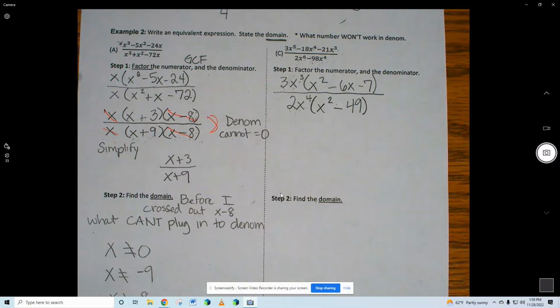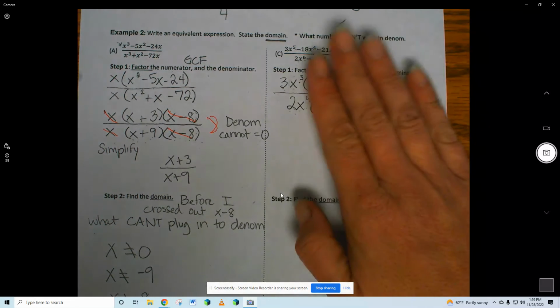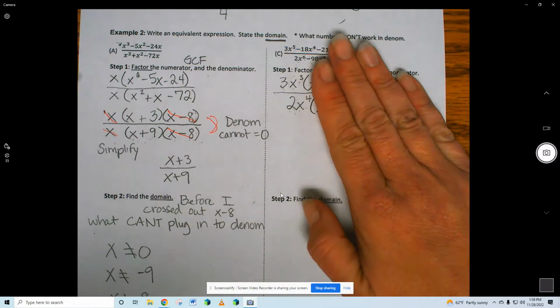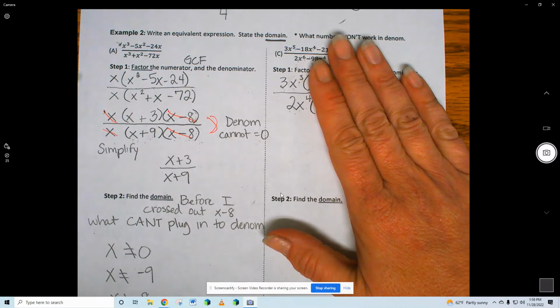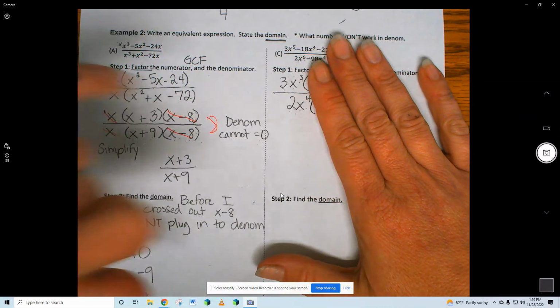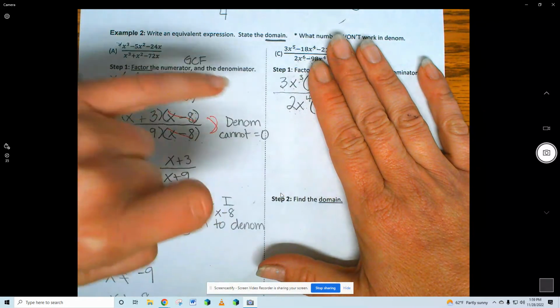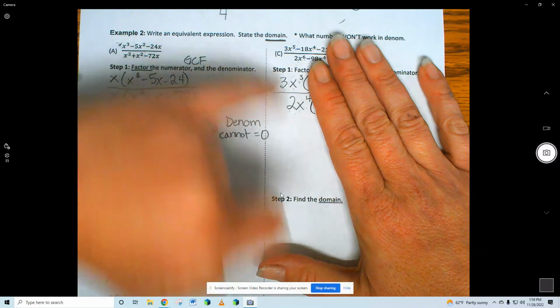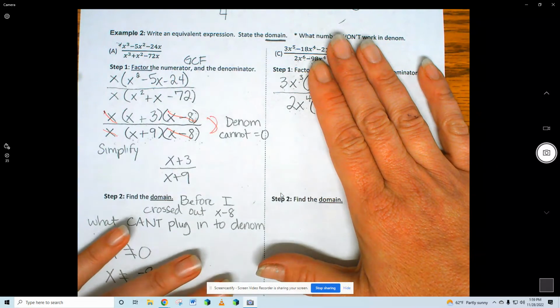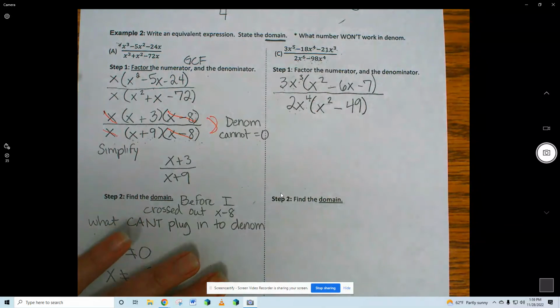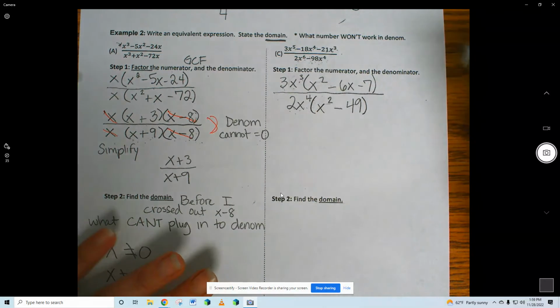Now let's factor. Can you deal with just the numbers outside first? Don't look at the parentheses yet. So 3x cubed over 2x to the 4th. Let's simplify that. What numbers would I have and how many x's would I have? And where would the x's be? Someone let me know.